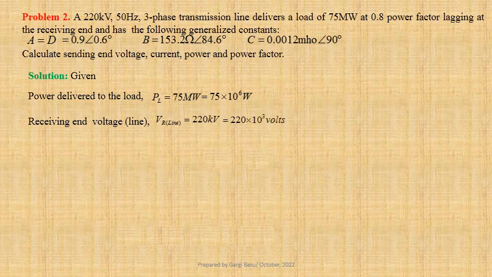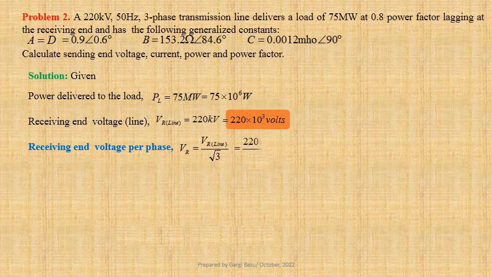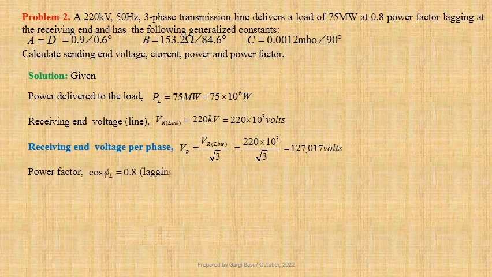For star connected system, receiving end voltage per phase VR equals VR line divided by root 3, that is equal to 220 into 10 to the power 3 divided by root 3, that gives us 127,017 volts. Given load power factor cos phi L equals 0.8 lagging.